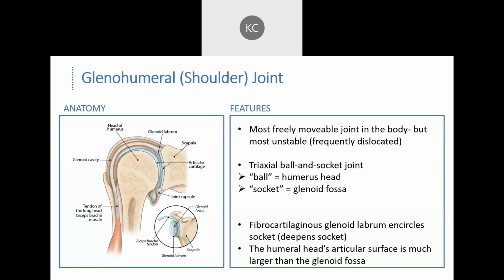And so what this does is it starts to deepen the socket that the head of the humerus then articulates with, right? So if you think of a small tea plate or a small dinner plate, it's very flat, okay? If you were to put a ball on that plate and rotate the plate slightly from side to side, that ball is probably going to roll right off.